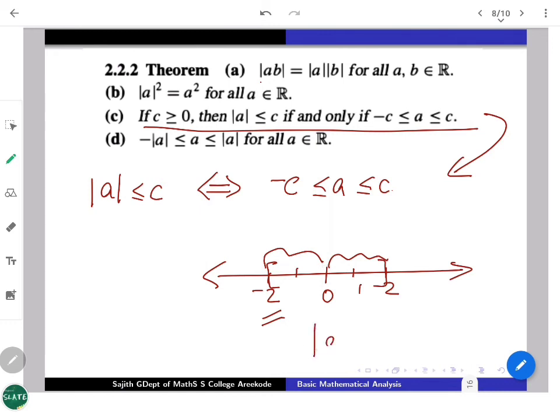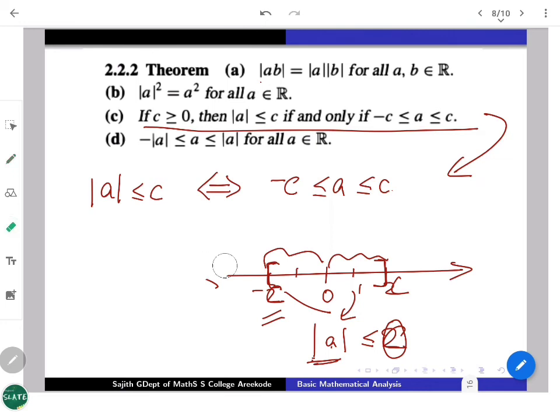If my A is either from here or here, mod A is going to be less than or equal to 2. So 2 is a non-negative real number, and those A's for which mod A is less than or equal to 2 should be in the closed interval from -2 to +2. This is what you are looking at geometrically. So instead of 2, you just put C. We have to play in between -C and +C. This is what it says geometrically.